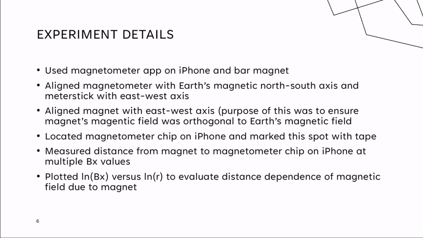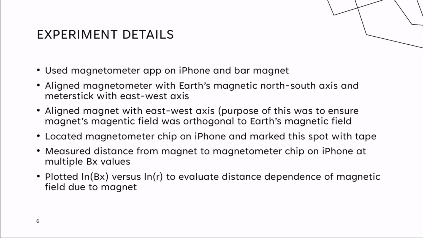So the experiment details: we used a magnetometer app on an iPhone and a bar magnet, and aligned the magnetometer with the Earth's magnetic north-south axis and meter stick with the east-west axis. We then aligned the magnet with the east-west axis so that it was orthogonal to the Earth's magnetic field.